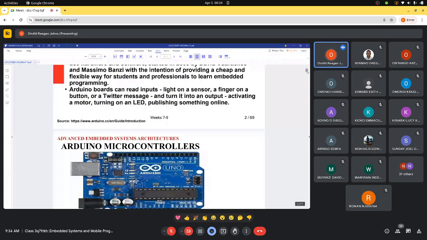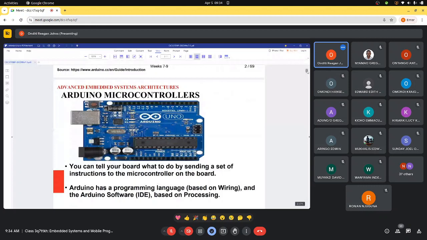So the Arduino microcontroller, you can tell this board what you want it to do by sending a set of instructions to the microcontroller. And on this board, we are going to see which component is referred to as a microcontroller. So Arduino has a programming language based on wiring of this board and the Arduino software based on the processing.